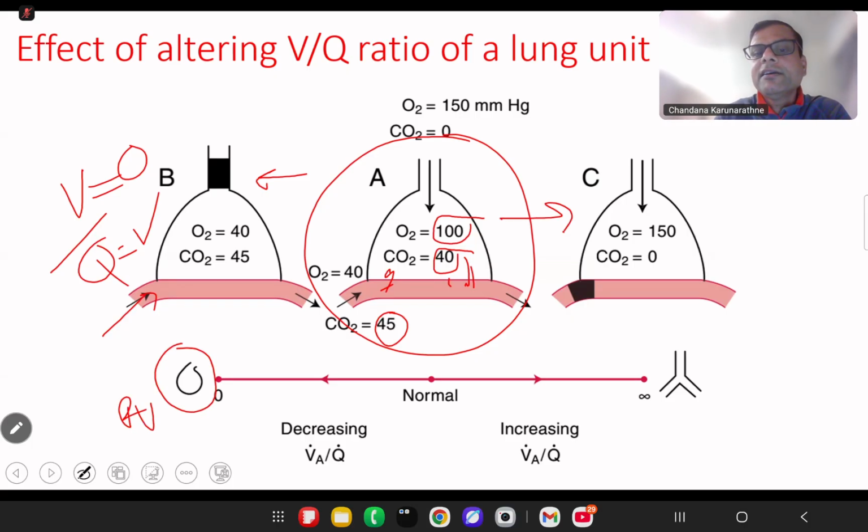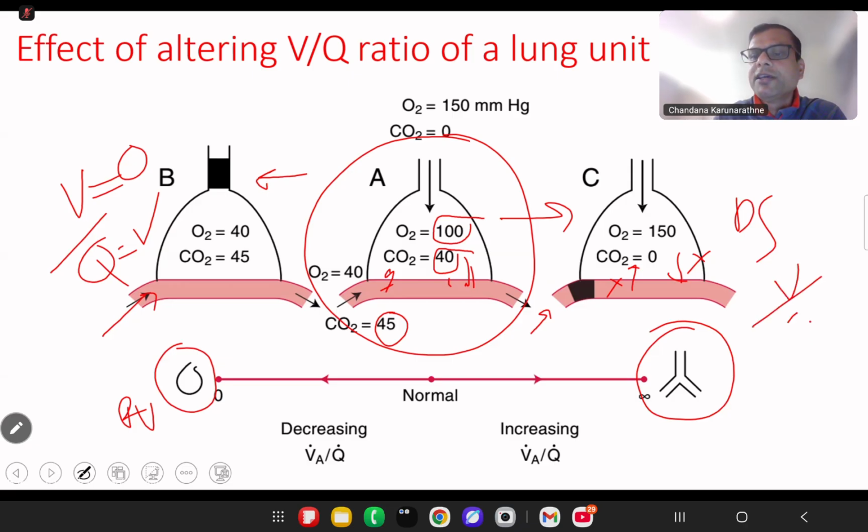On the other end, if you reduce the blood flow and completely cut it off, then whatever oxygen is coming in, nobody is absorbing it. There's no absorption of oxygen and no addition of carbon dioxide because there's no blood flow. That is called dead space. That is why we draw dead space like a trachea sign over here.